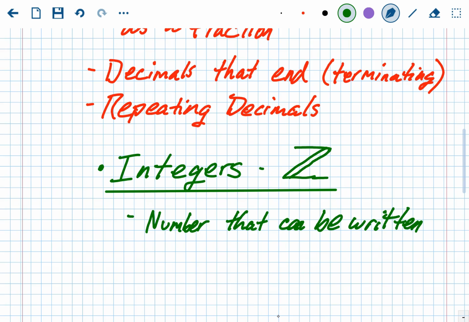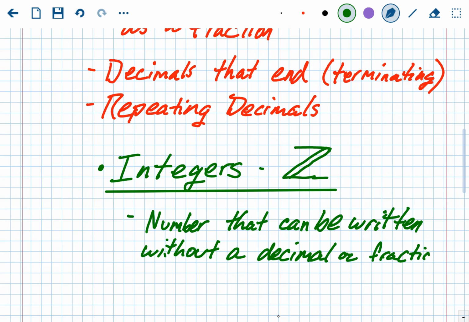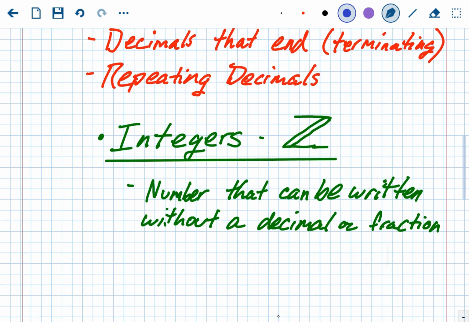So 5 is an integer. 1/2 can be written as a fraction because it is a fraction, but it can't be written not as a fraction or not as a decimal. So 1/2 is not an integer. So again, any number that can be written without a decimal or a fraction part. All integers are rational, and all integers are also real. That's how these stacking umbrella categories work.